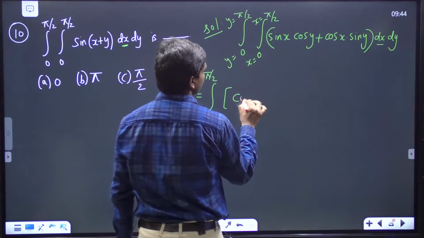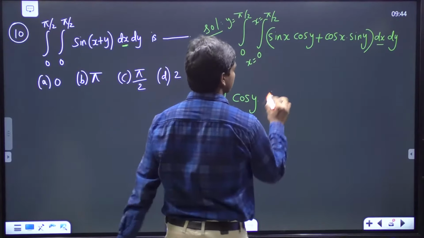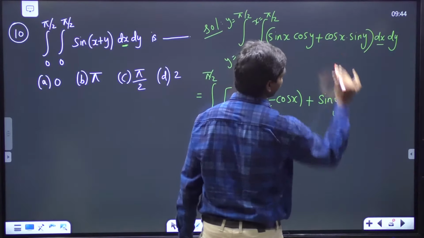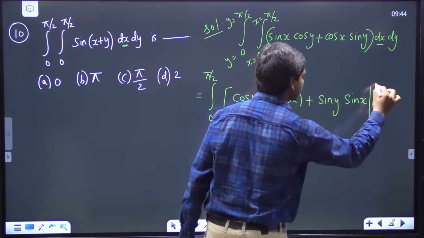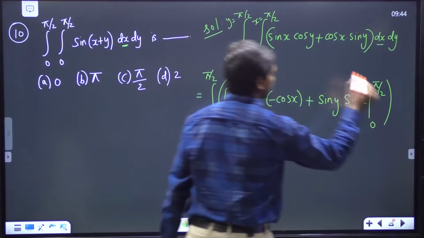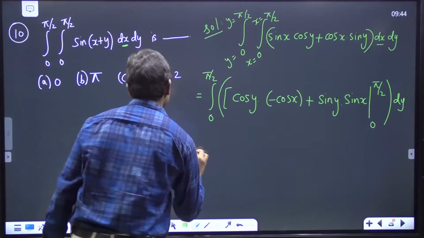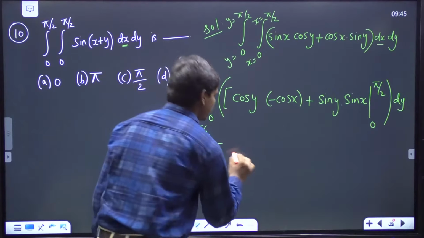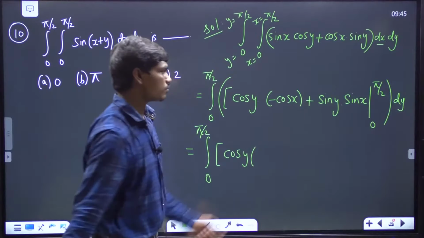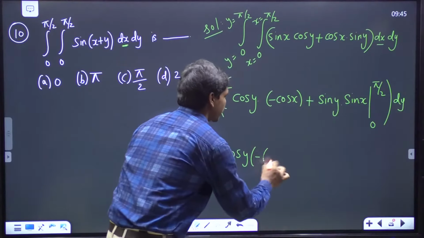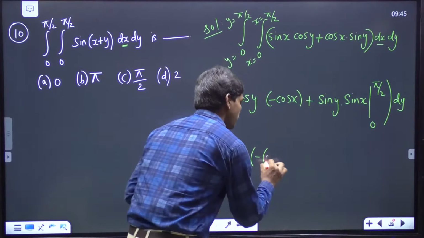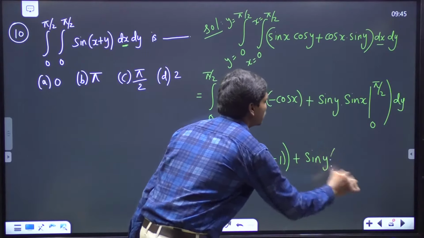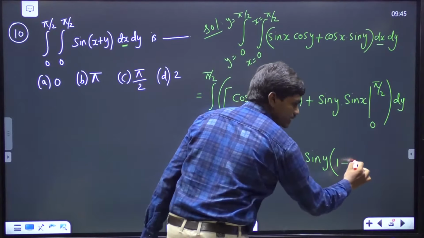So cos y into the integration of sin x, which is minus cos x, plus sin y, which is again a constant, times the integration of cos x, which is sin x, within the limits 0 to pi by 2, all to dy. Now substituting the limits: cos y into minus, let me take the minus sign common, cos 90 is 0, minus cos 0 is 1, plus sin y into sin 90 is 1 minus sin 0 is 0.